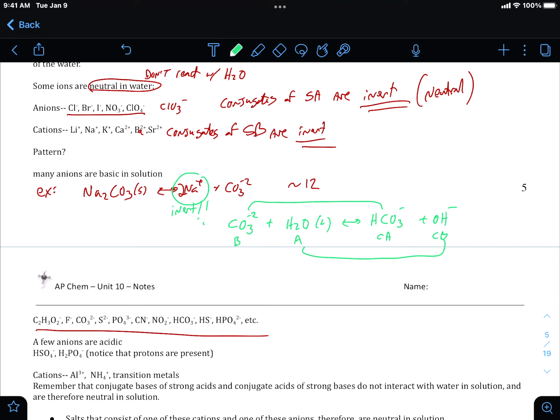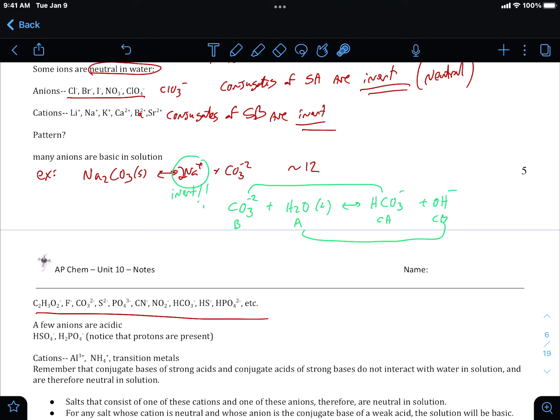Now, do all negative ions behave as bases? No, because look, you have a list right here of exceptions. Also, there are some exceptions right here. These guys, I'll write it larger, HSO4 minus, which is known as bisulfate, and H2PO4 minus, these are anions.